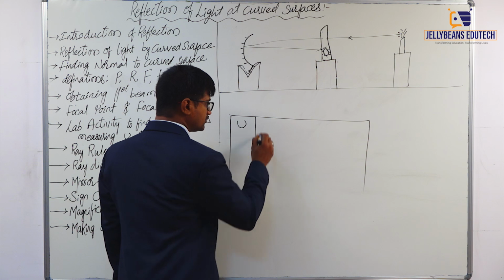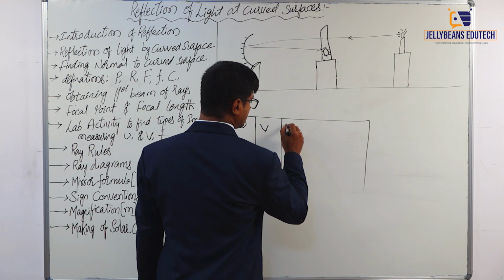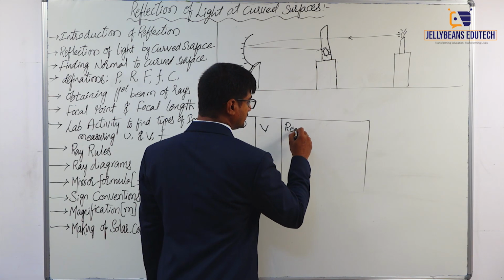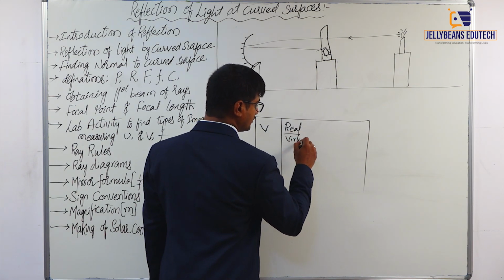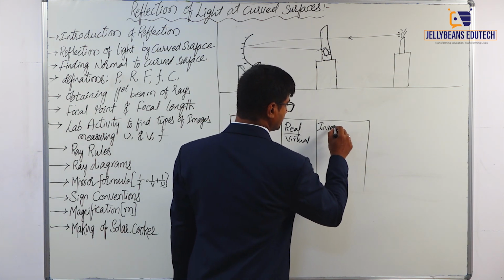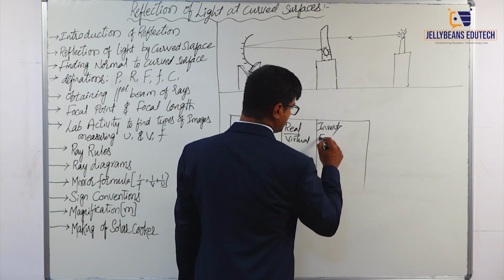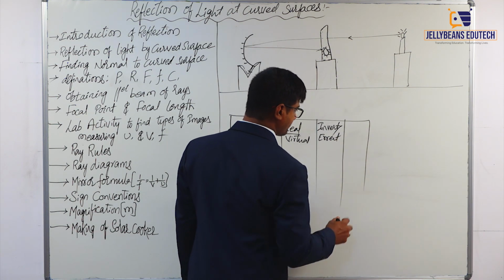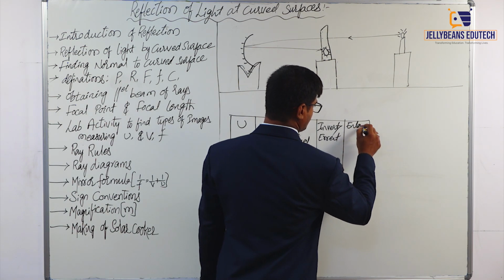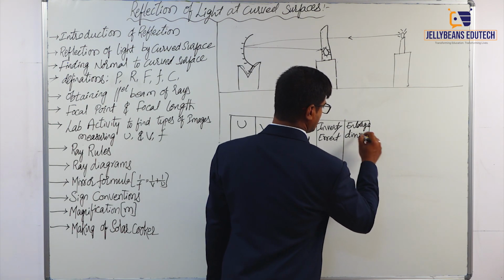So here U, V, nature of the mirror, nature of the image and object: real, virtual, inverted, erect, enlarged, diminished.